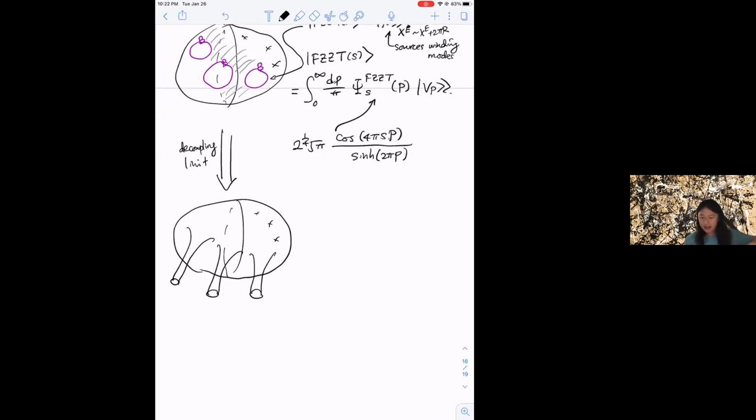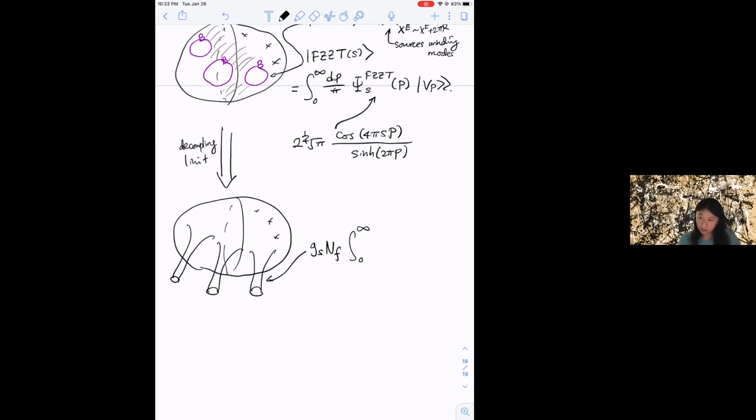So I don't actually have, as of now, a completely rigorous CFT argument. But if you believe this picture, then you can read off the relevant closed string contribution, which comes with a factor. Each hole has a factor of G string, a factor of NF from the Chan-Paton factor, and this integration over the Liouville momentum, dp over pi, of the one-point function. And then it has a sum over winding states, winding number W over integers.